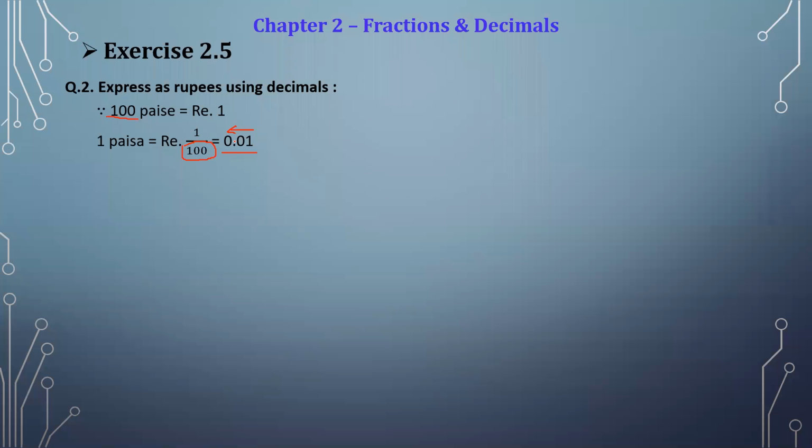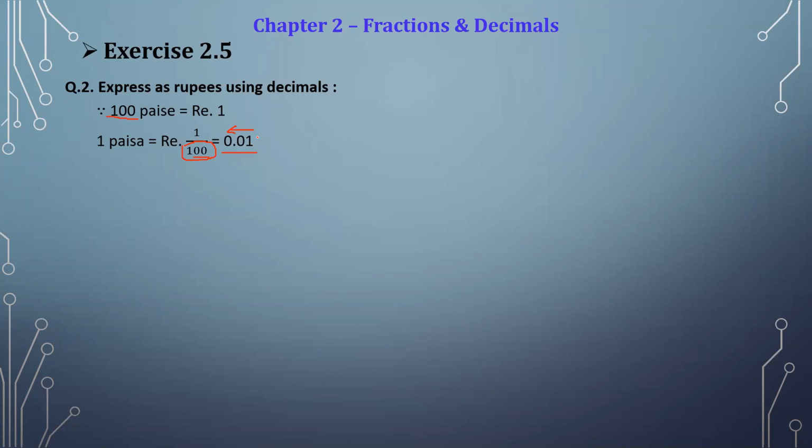You see how many zeros are there, and shift that many digits to the left. Here in 100, two zeros are there, so we have shifted two digits. See, 1, 0, so two digits are shifted.